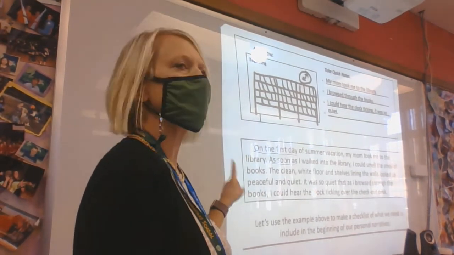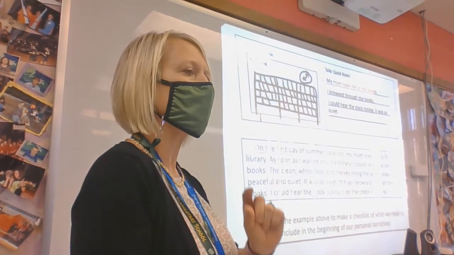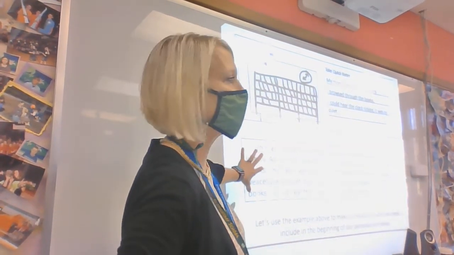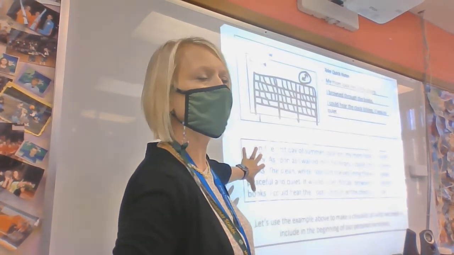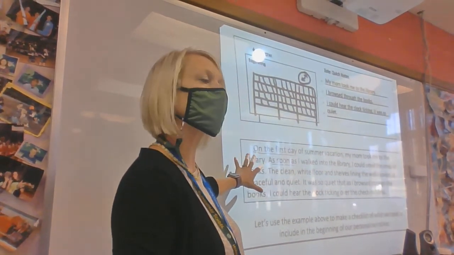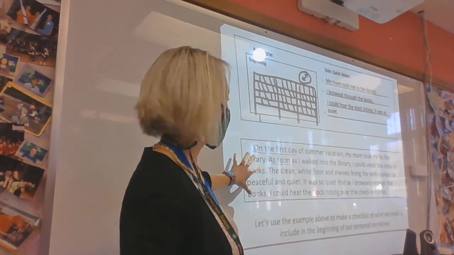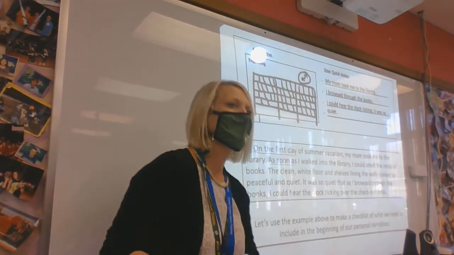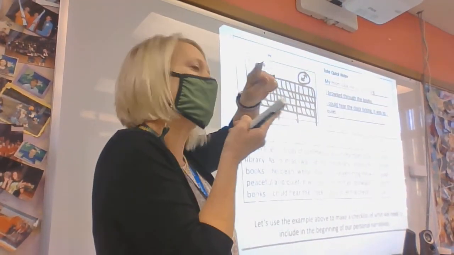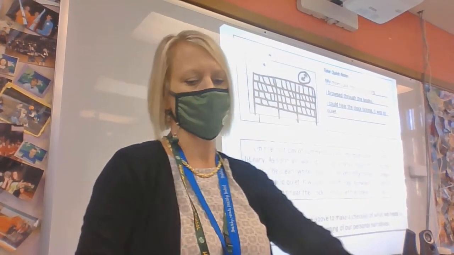Now, this is supposed to be an example for you for what you should include in your beginning. Notice how short it is. She is not telling me the story yet. I had 2 or 3 people who actually wrote the story. That's not what we're doing today. We're only writing just the beginning part of your planning sheet.